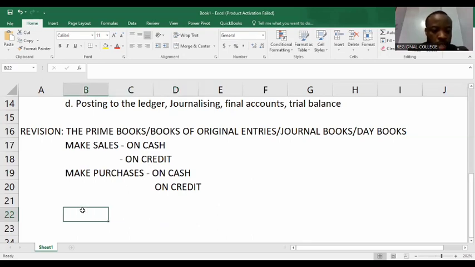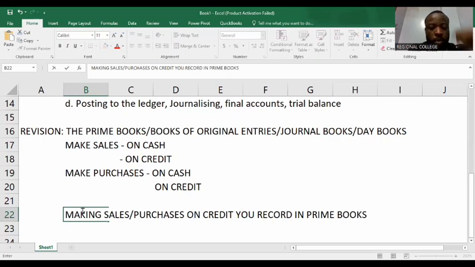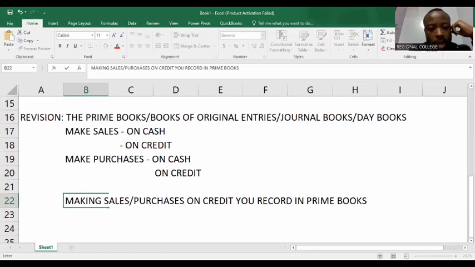That means anytime you are making sales or purchases on credit, you have to record them in prime books. Anything that you are buying or selling on credit has information, and that information should be recorded in the prime books.